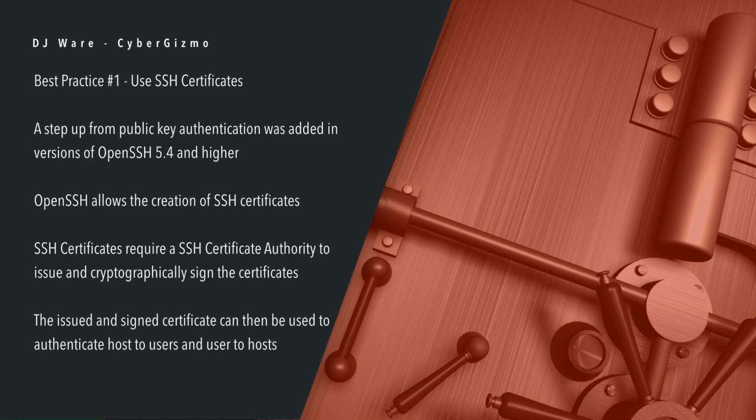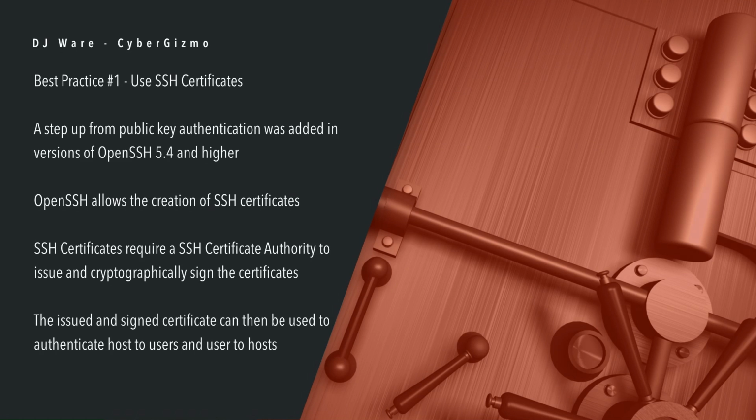OpenSSH now allows the creation of SSH certificates. Those certificates require a certificate authority to issue and cryptographically sign the certs. So at least you have a fingerprint on that particular key when it's handed to the user, that there is some mechanism to at least say, yes, this has been put through the signing process within the organization, and that's all you can say about it, right?